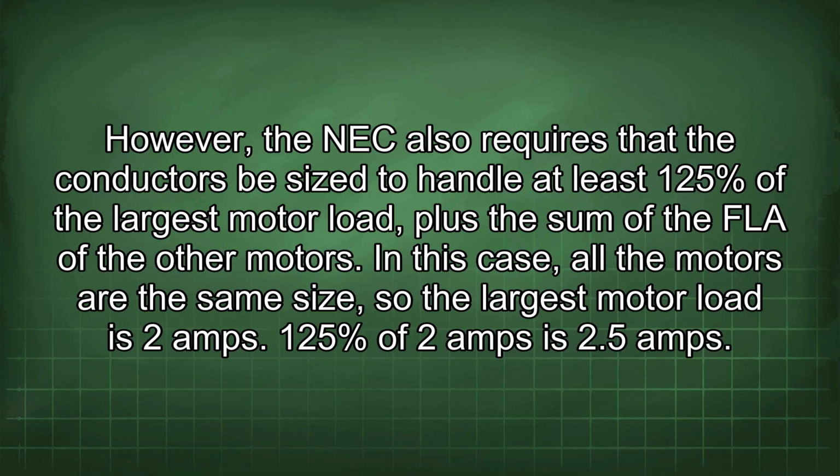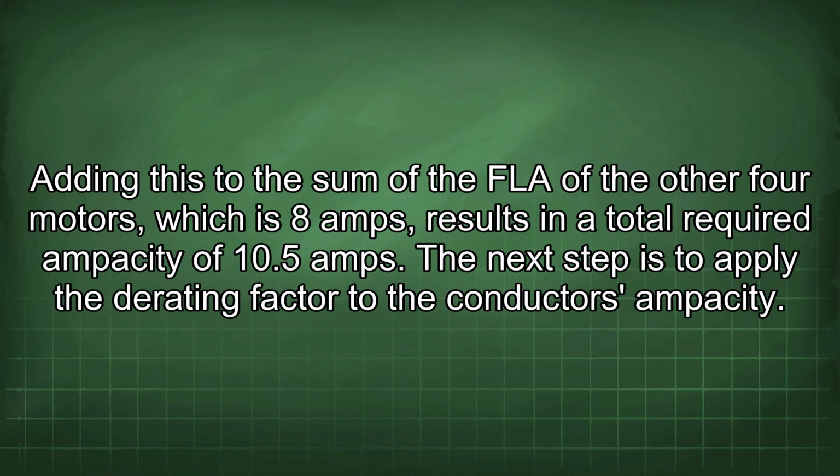In this case, all the motors are the same size, so the largest motor load is 2 amps. 125% of 2 amps is 2.5 amps. Adding this to the sum of the FLA of the other 4 motors, which is 8 amps, results in a total required ampacity of 10.5 amps.